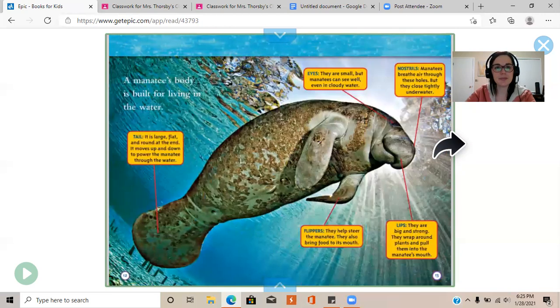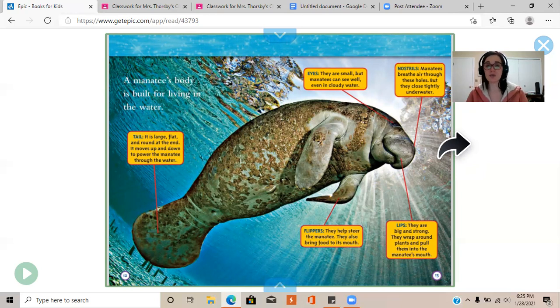Silly. All right, boys and girls, this page is really important as an informational writer because a lot of informational authors use this text feature in order to teach people who are reading. A manatee's body is built for living in the water. Now take a look at this.